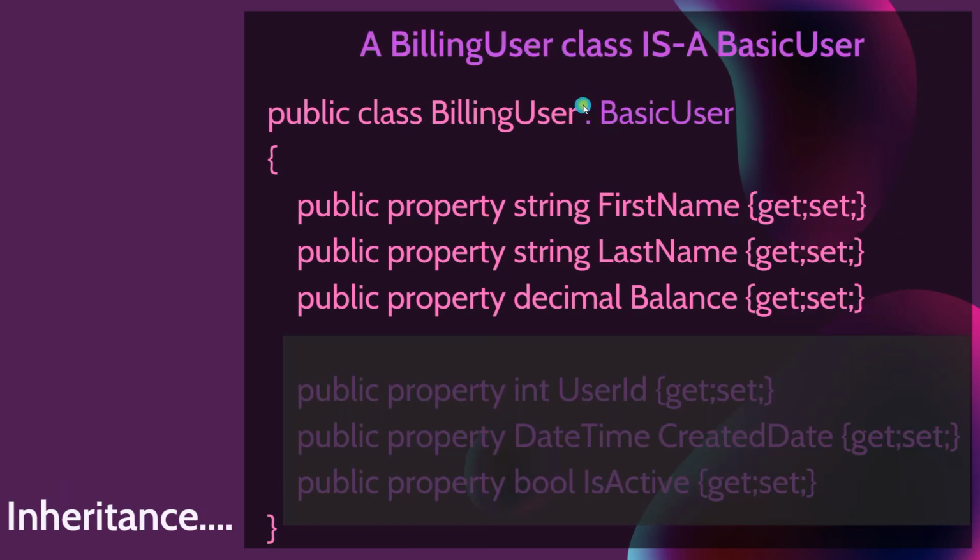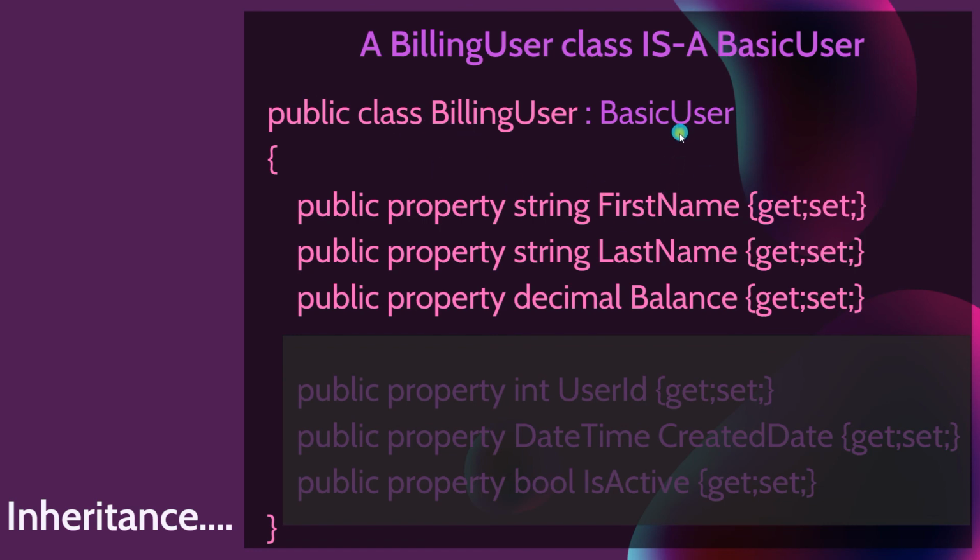The colon here after the class name billing user denotes that it inherits from basic user. It can also mean implements, and we'll get to that when we talk about interfaces, but for now, it's going to mean inherits. So we read this as billing user inherits basic user. And a way to think about that that's easy is to say a billing user class is a basic user.